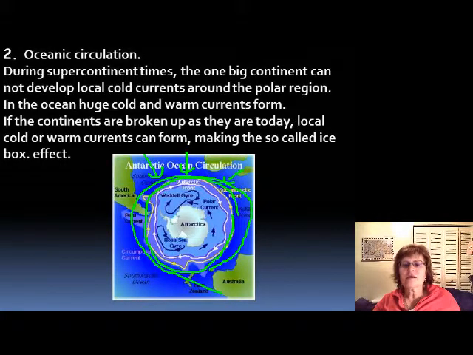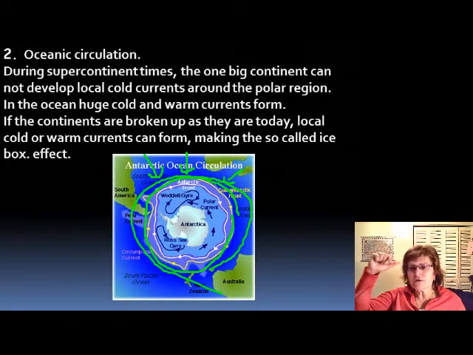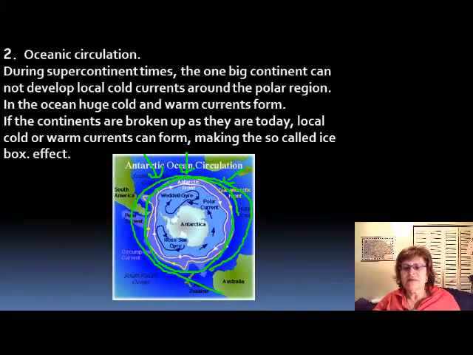So we call it the icebox effect, because no warm water can get to the continent at the pole. So it really sets it up for the ice age. So remember: continent at the pole, albedo, and the icebox effect. These are the things you have to know.